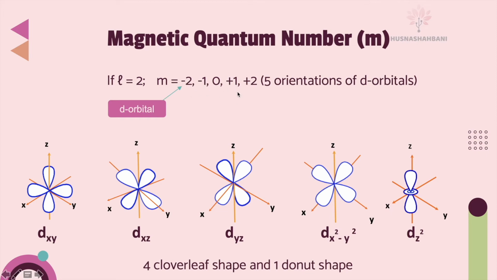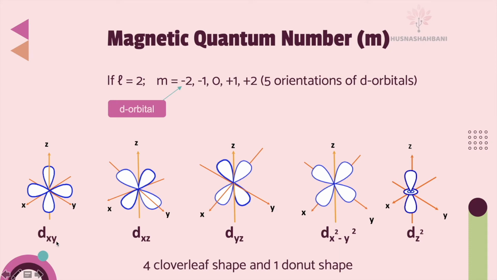We can produce 5 values of m, which means we have 5 orientations of d orbitals. These are the 5 orientations of the d orbital: dxy, dxz, dyz, dx squared minus y squared, and dz squared.